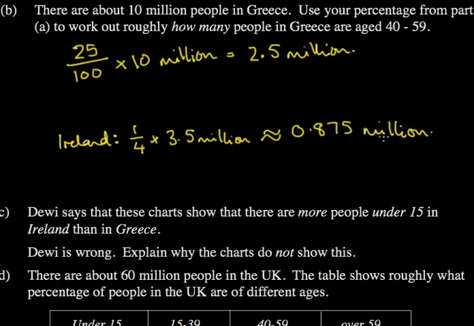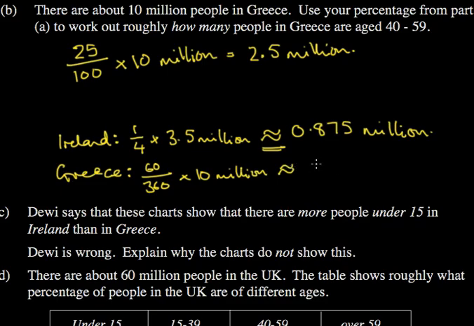Now, the reason I've used this symbol is because it's not going to be exactly this figure, because this isn't exactly 90 degrees, and when you're measuring things, I really should have written this here as well. And finally then for Greece, the angle is around 60 degrees, so 60 over 360 times 10 million, which is roughly going to be 1.67 million.